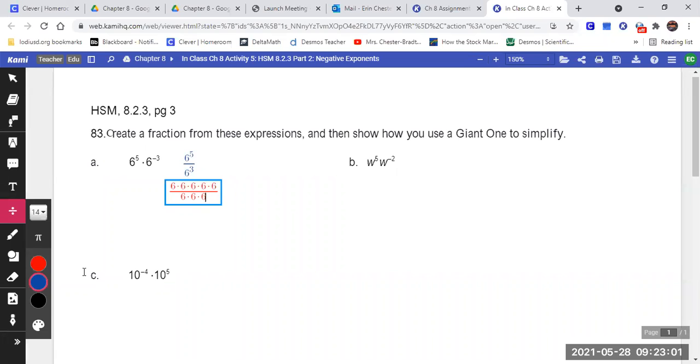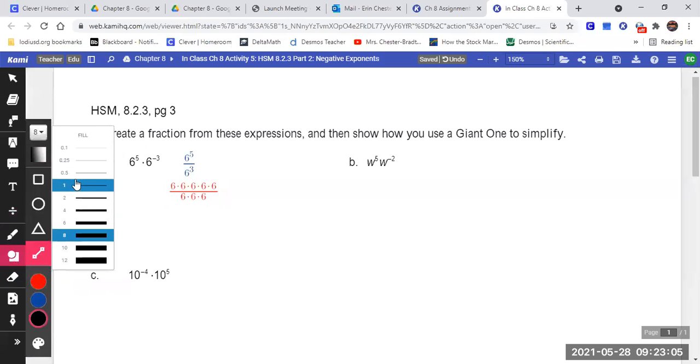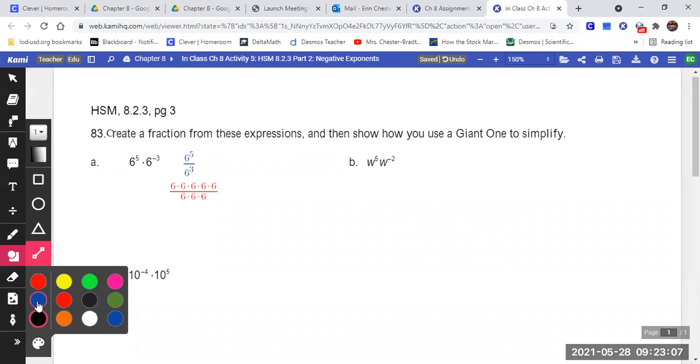Okay. So now we're going to do like we've been doing. We're making the big one. So we're crossing off things that would equal 1 because there's 1 on the top and 1 on the bottom. So 6 divided by 6, there's a 1. Then there's another 6 divided by 6, there's a 1. And another 6 divided by 6, there's a 1.